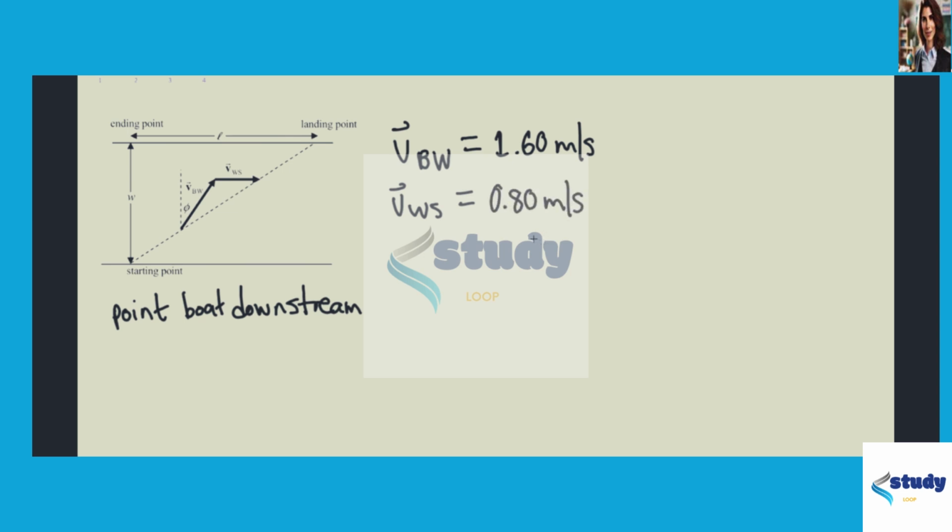We can say that the boy's running speed is going to be 3.00 meters per second. We know the width of the river is 1,200 meters, and we know that the length traveled along the bank would be L. So L would equal length traveled along bank.